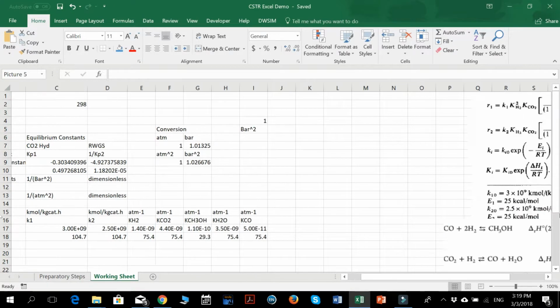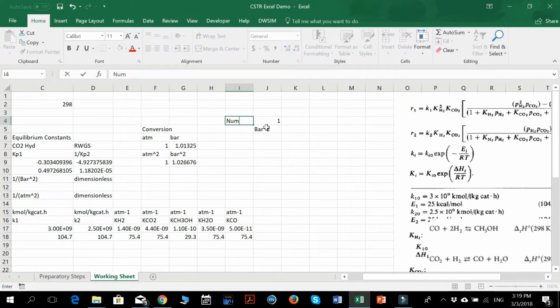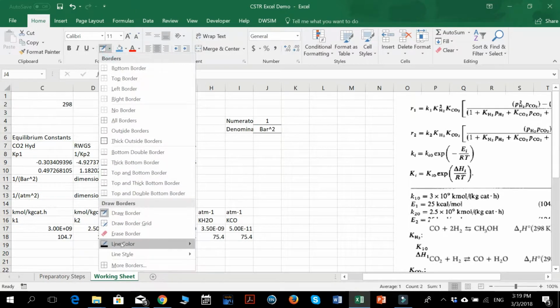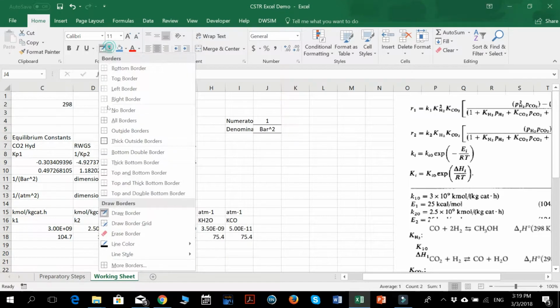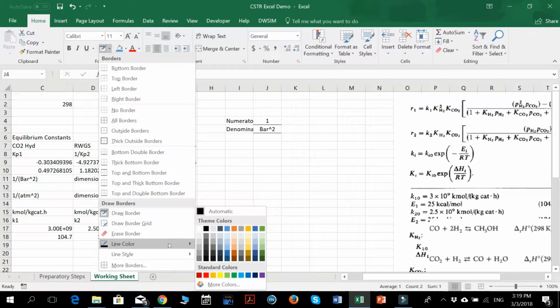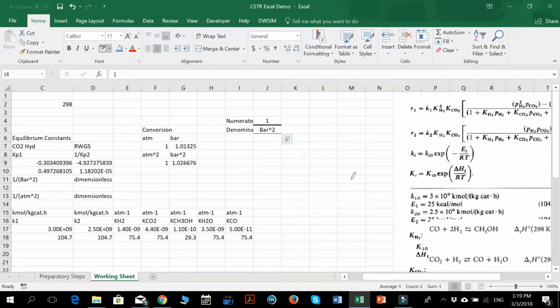Now let's say we have the numerator here and the denominator. I'm trying to do some fractions here, so let me use draw border, and let me use a thick line. So 1 over bar squared.